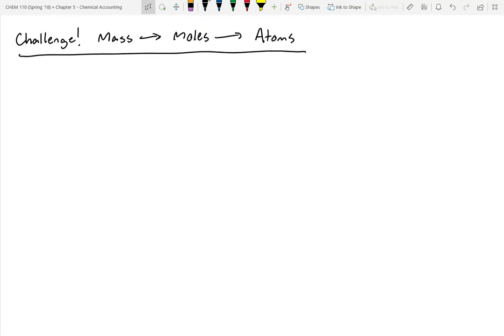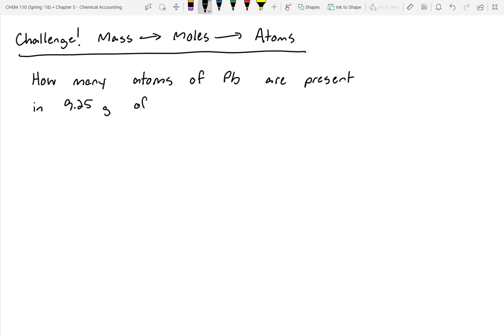Okay, so for this one, how many atoms of lead, and lead is Pb, are present in 9.25 grams of lead?